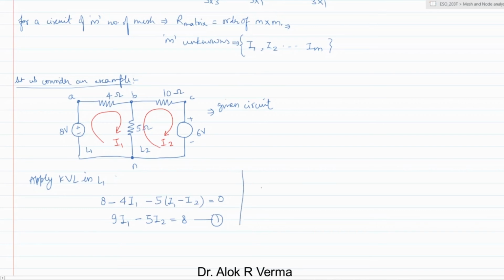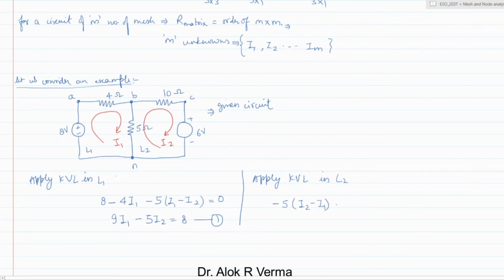Now similarly apply KVL in loop L2. Starting from N again, the current direction is upward. Now in the 5 ohm resistor, it is going from N to B. So now the drop in 5 is N to B, meaning I2 minus I1.